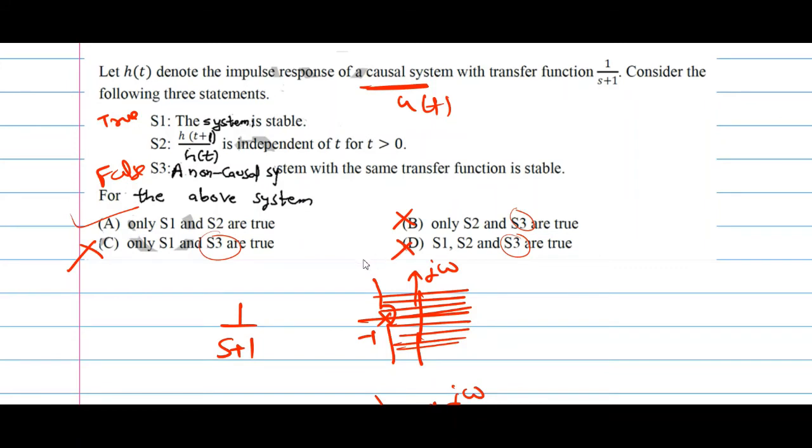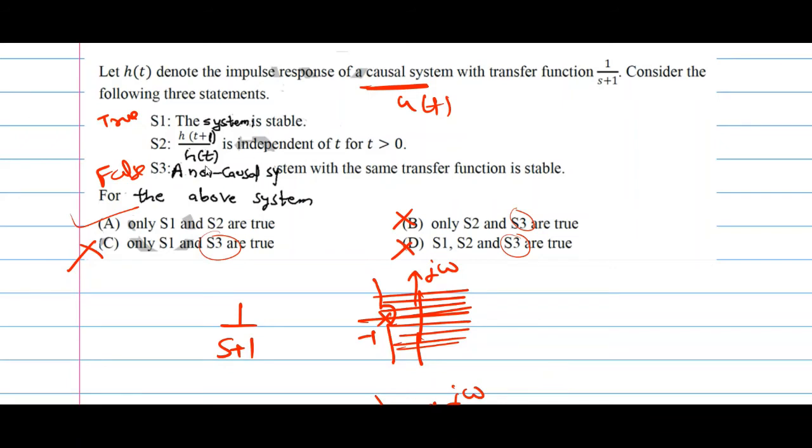Now, for more understanding, I am just explaining this. We already got the answer as option A. What is statement 2? h of t plus 1 upon h of t is independent of t for t greater than 0. When students look at this type of statement, they think, oh, what is that statement? It is again a very simple statement.